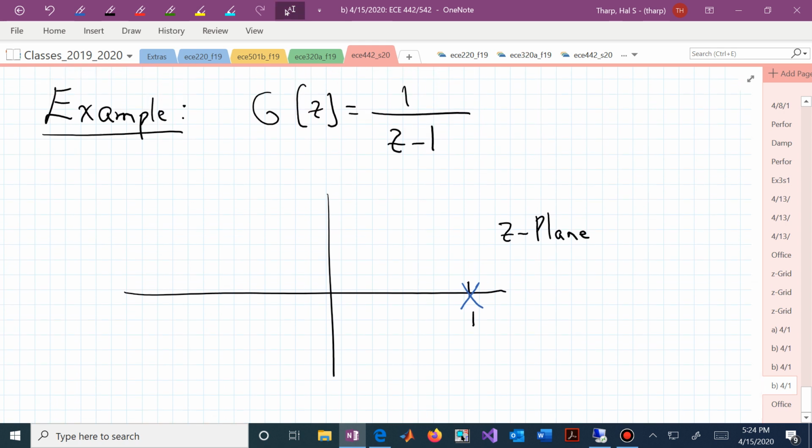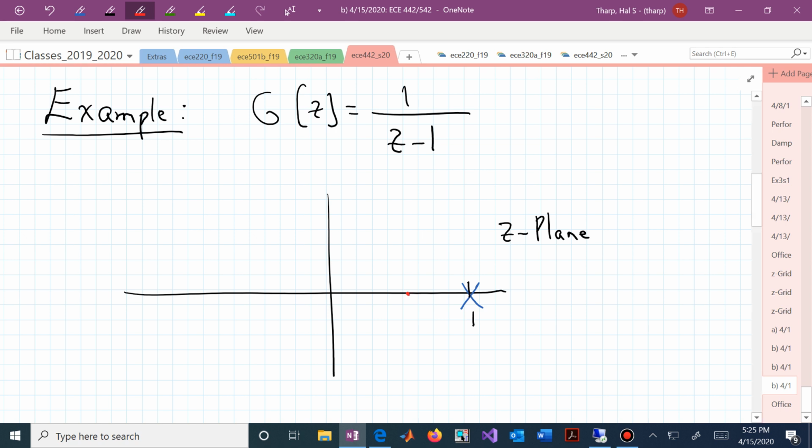We know from Rule 1 that we start at z equal to 1 in this case. Rule 2 tells us which of these two line segments on the real axis belong to the root locus, because the angle on a segment that belongs to the root locus has to be minus 180.